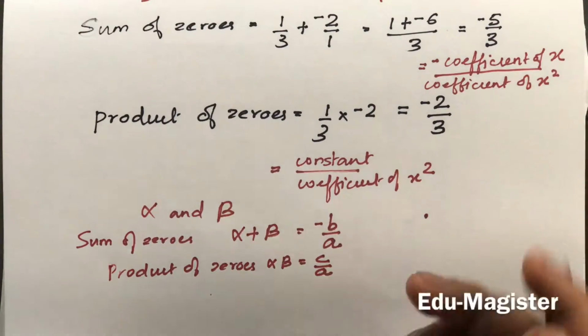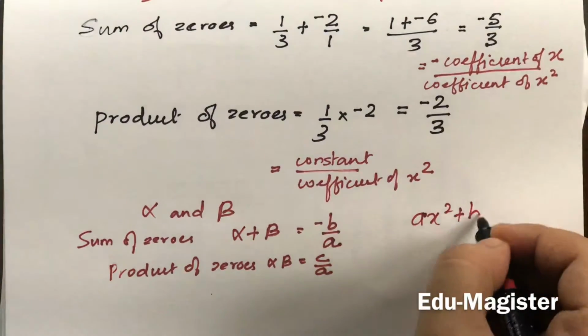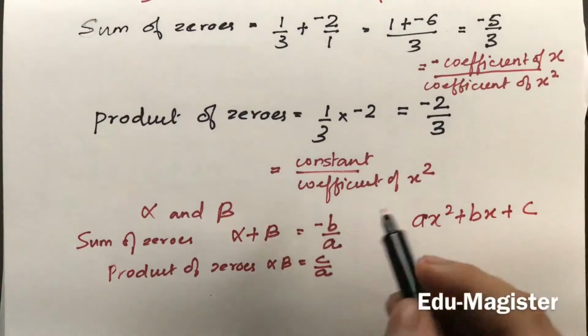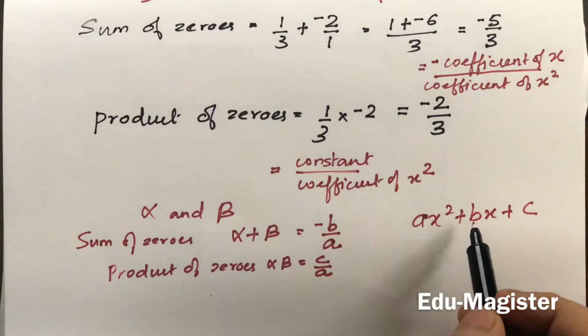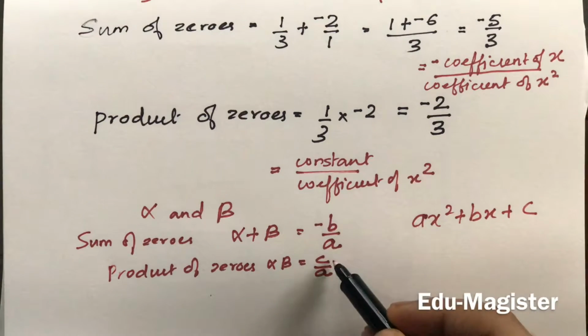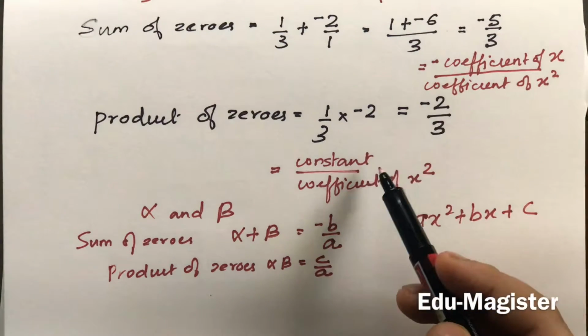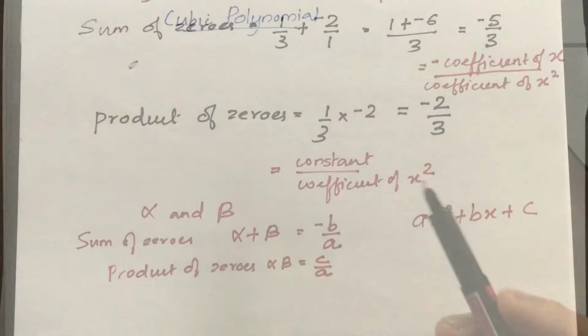How? You know that the general formula for a quadratic polynomial is ax square plus bx plus c. So b is the coefficient of x and a is the coefficient of x square. c is the constant term by a is the coefficient of x square. That's what we have proved before.